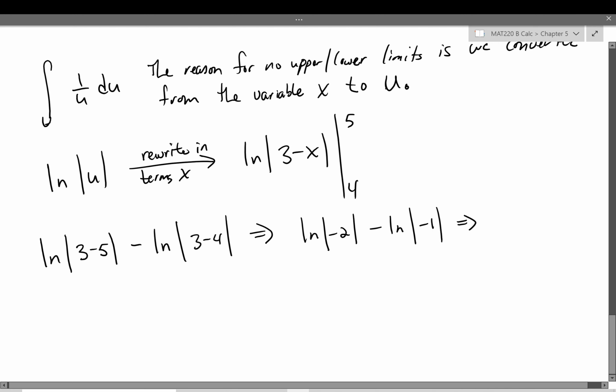So I have to do the absolute value first. It's going to be the ln of 2 minus the ln of 1, which is nothing more than just the natural log of 2, because the natural log of 1 goes to 0.